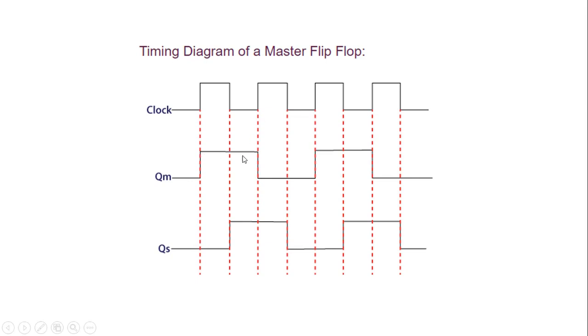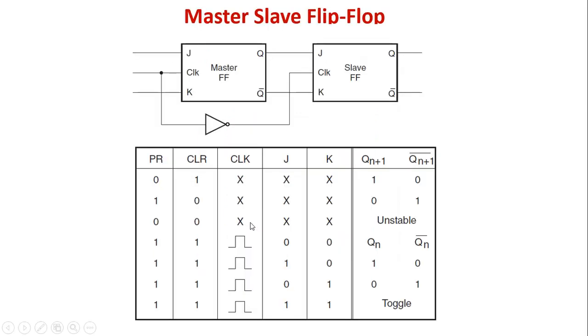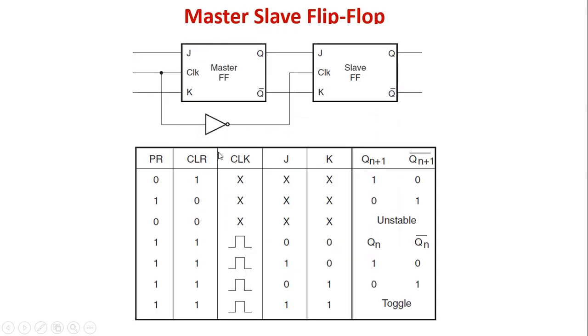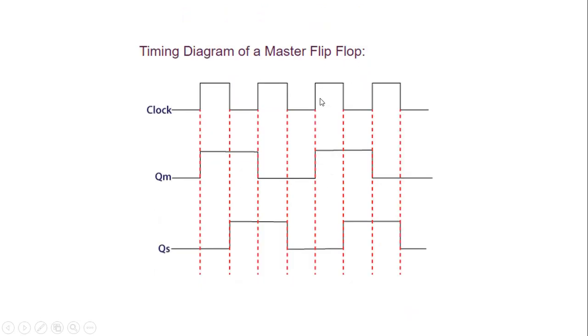Then for the negative level, the master will hold its previous value, but the slave will work according to the values which you have taken during the positive level of this clock. So here we have at this point QM is 1, this is 1, this is 0. So J is 1, K is 0, so set.